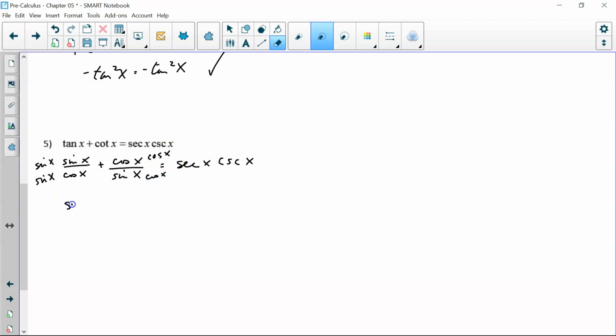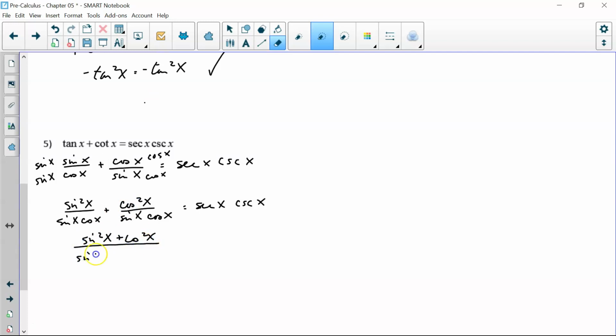What that gives me is sine squared x over sine x cosine x plus cosine squared x over sine x cosine x. Now I add my two fractions. They have a common denominator, so I get sine squared x plus cosine squared x over sine x cosine x.